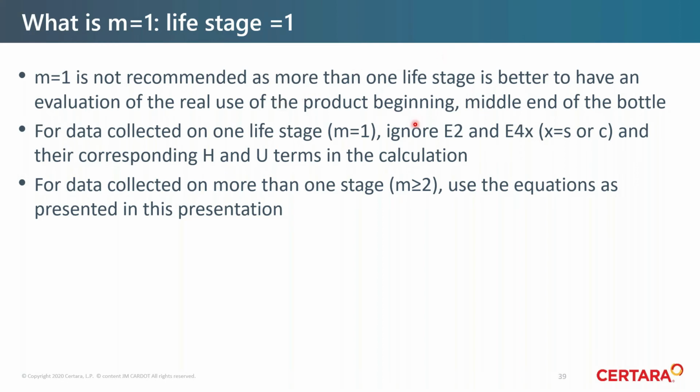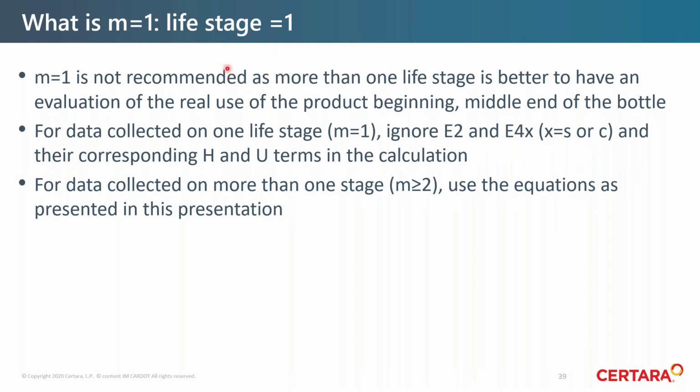You are going to ignore 2 of the values, which are E2 and E4, E4S or C, depending on whether you are scaled or non-scaled, that means constant. And then you are going to calculate everything with E2 and E4 equal to 0 or not existing.